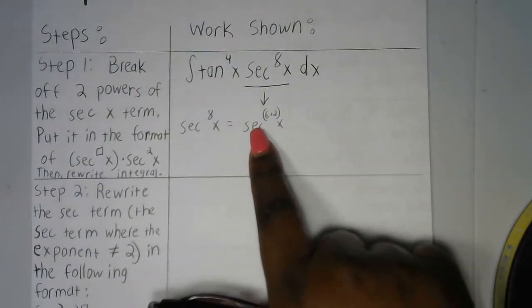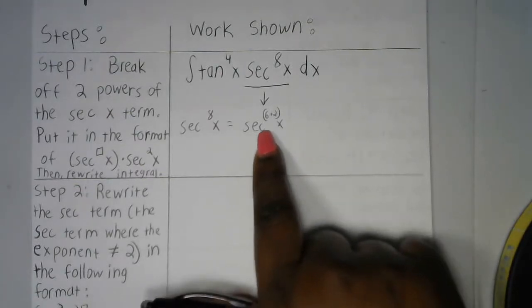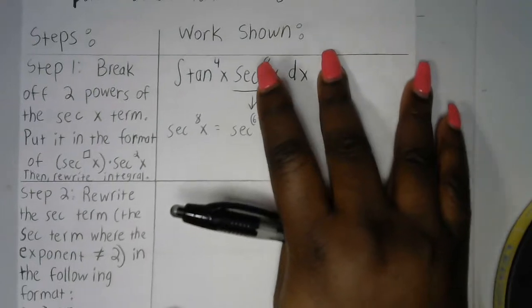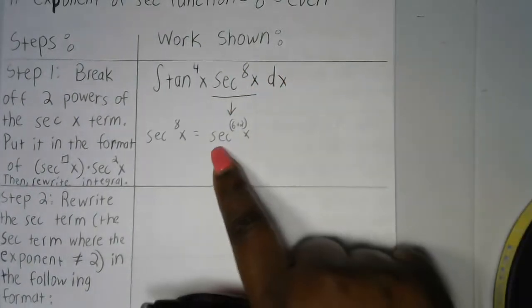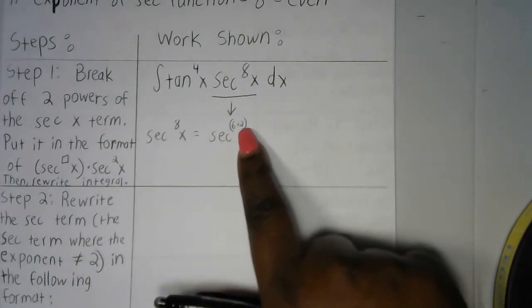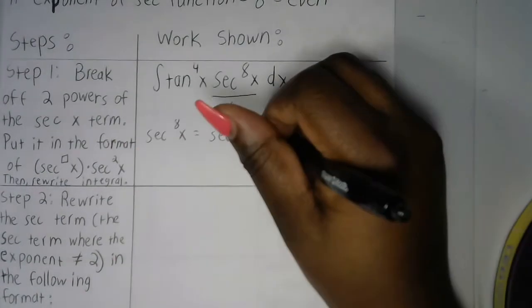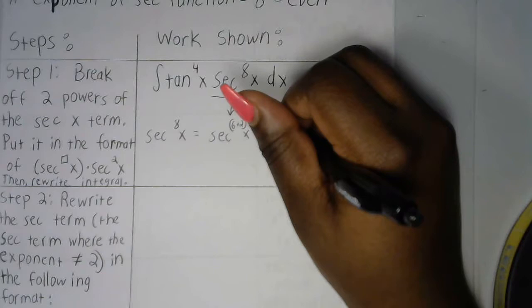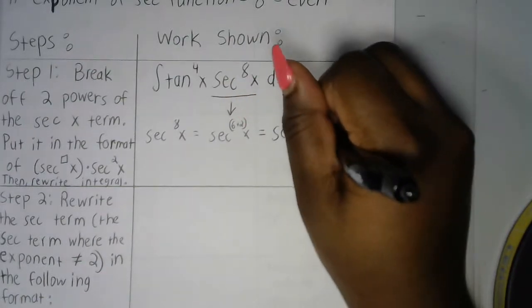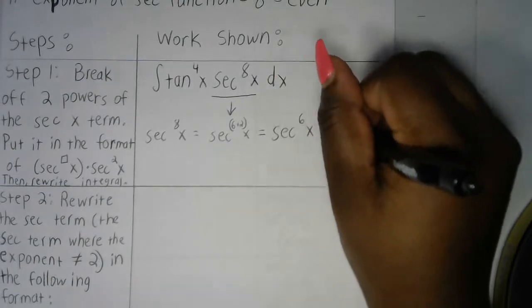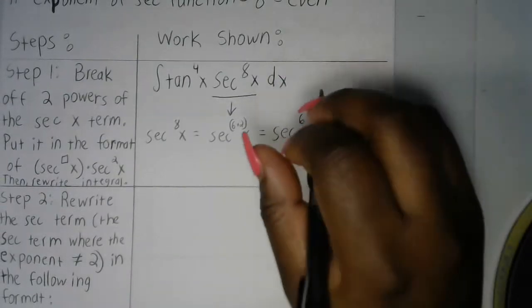It has to be something plus 2 because we have to break off 2 powers. So if you recall rule number 1, secant x to the power of 6 plus 2, since these exponents are added, it can be broken down into secant x to the 6th power times secant x squared.